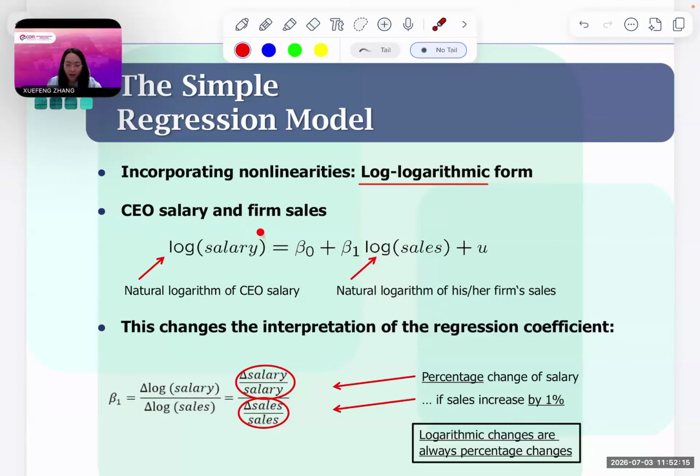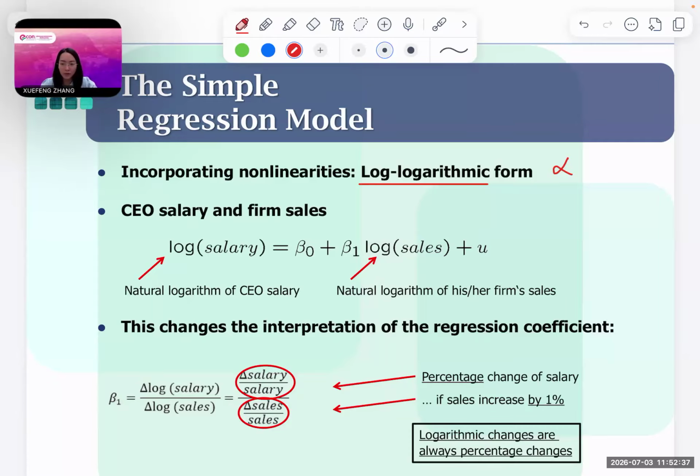So here log y is the log of CEO salary, log x is the log of the firm's total sales. So right now both sides are in log form. And this form is very common, okay, in economics papers.